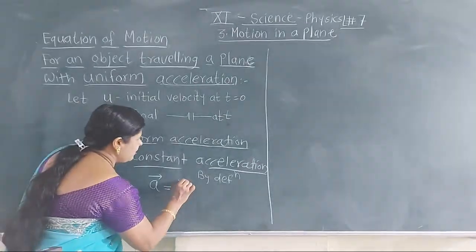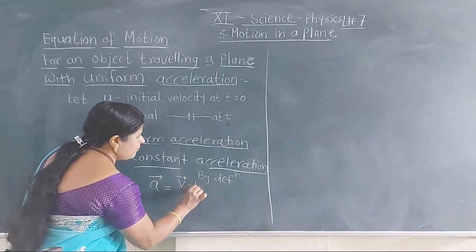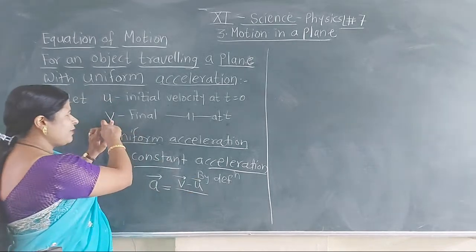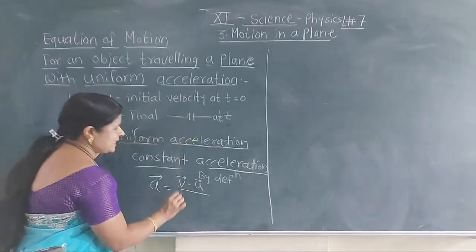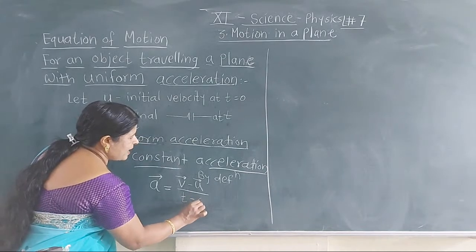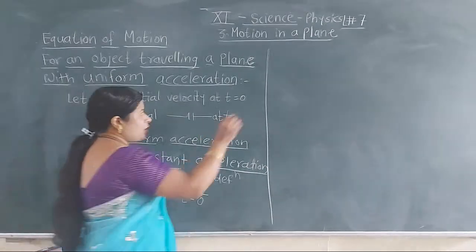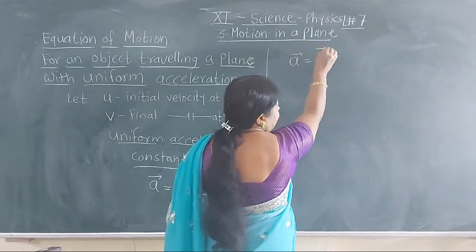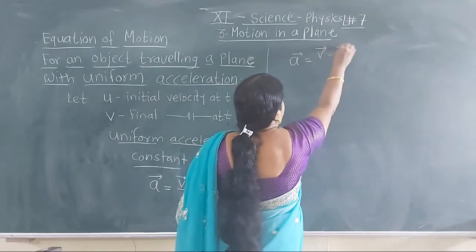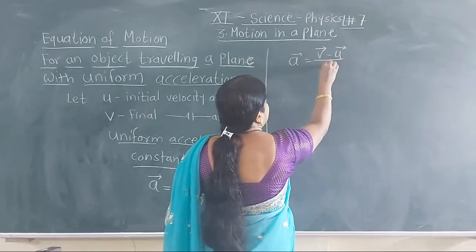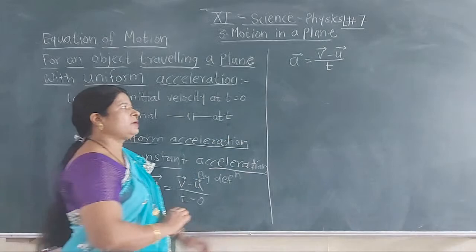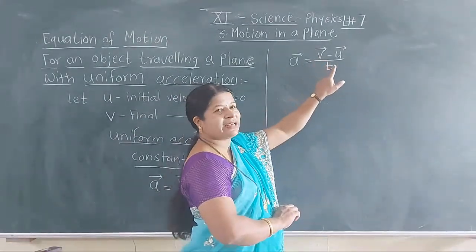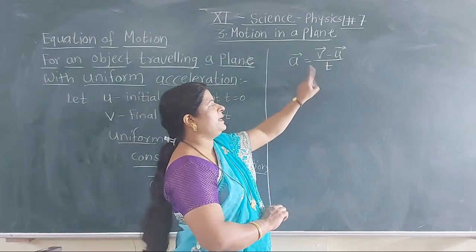Therefore vector v minus vector u divided by t minus 0. Therefore we get vector a is equal to vector v minus vector u divided by t.